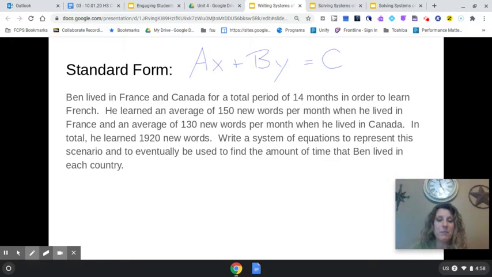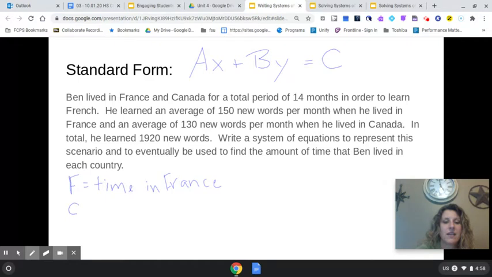So I'm going to pick F for the amount of time he lived in France, and I'm going to select C for the time that he lived in Canada.